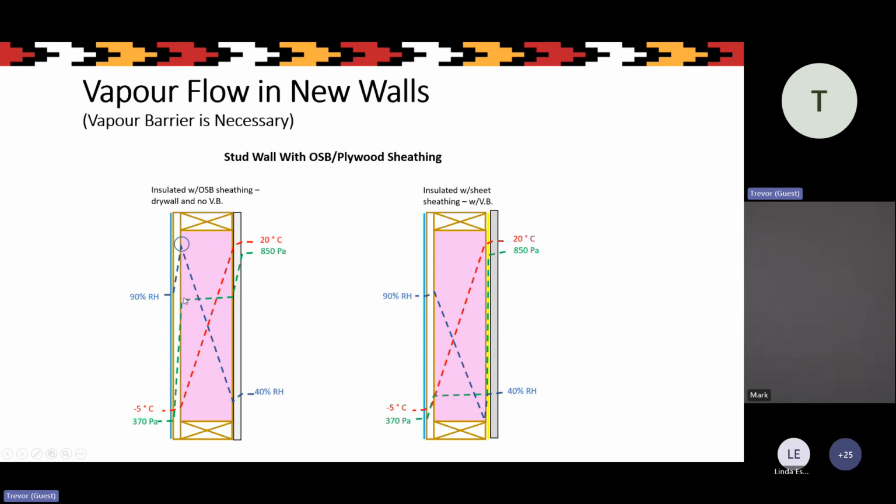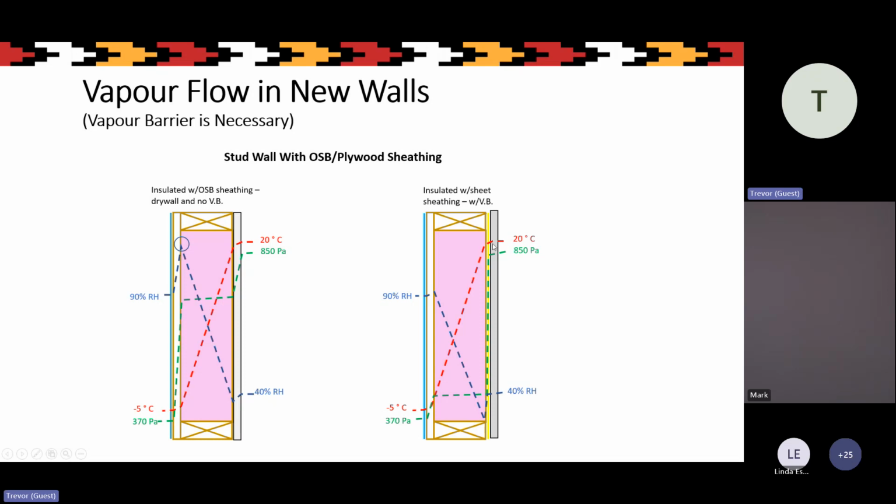So we still have high vapor pressure out here where it's cold, which drives our RH, our relative humidity, very high at this surface. And that's exactly where we get condensation problems. If you were to build a standard stud wall with drywall and OSB and no vapor barrier, even in Toronto, this is what would occur. You'd get condensation on the backside and moisture accumulation inside this cavity.